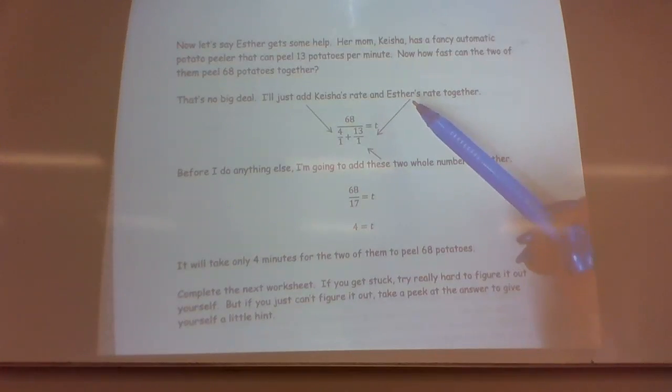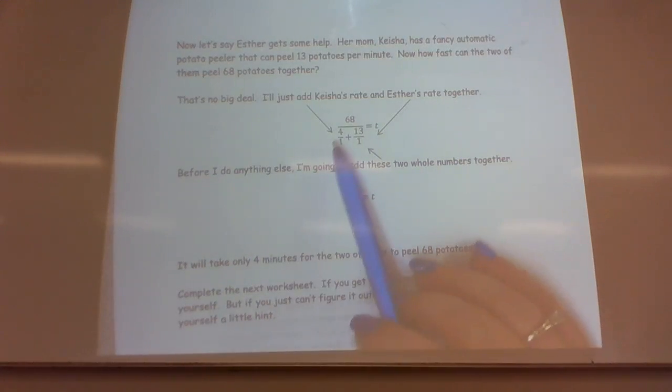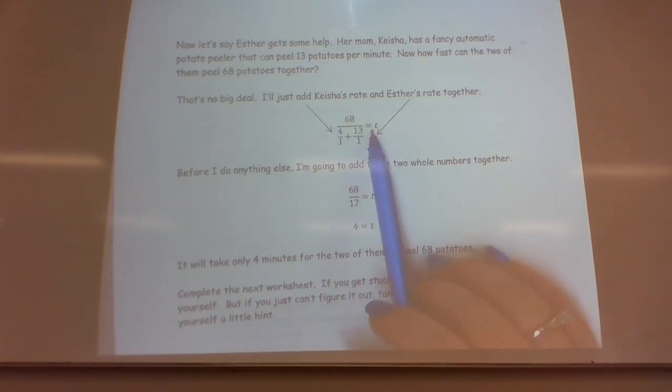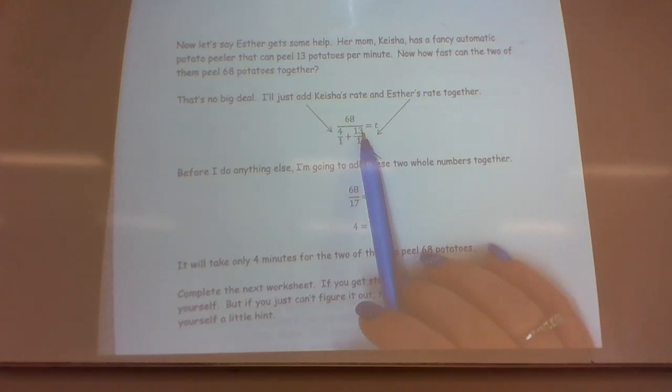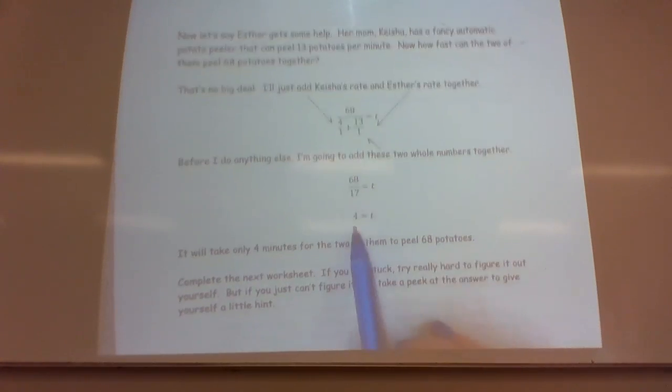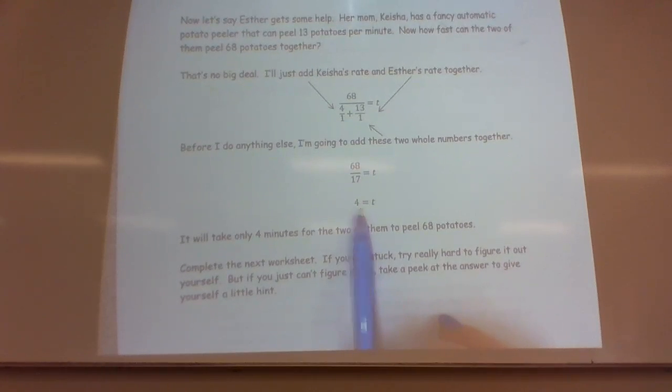And again, it really is not a big deal because we're going to add these two together, right? Because my denominators match. So 4 plus 13 is 17, and 68 divided by 17, it's 4. So it will take 4 minutes for the two of them to peel those 68 potatoes.